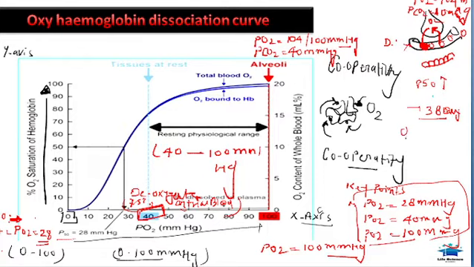And when the oxygen affinity for Hb increases, this value reaches 30 to 50 mmHg. This phenomenon is observed in fetal hemoglobin.